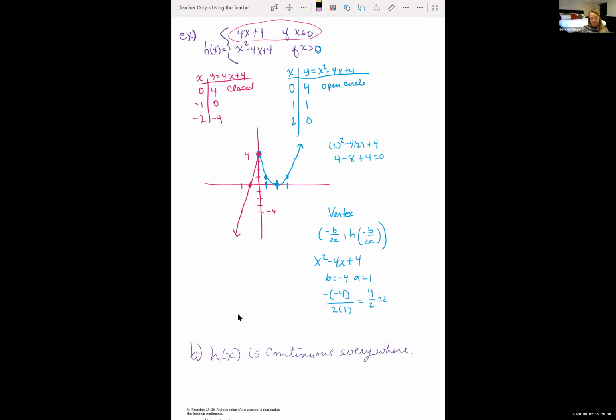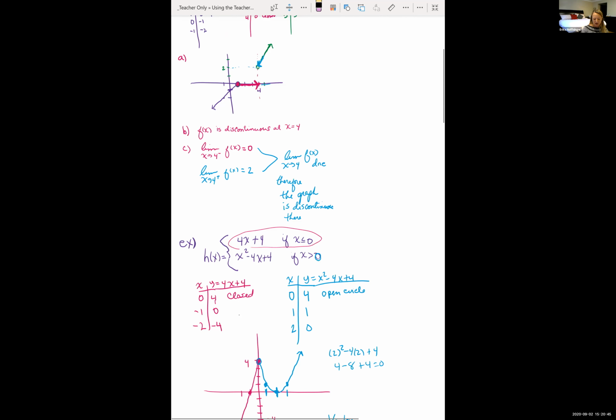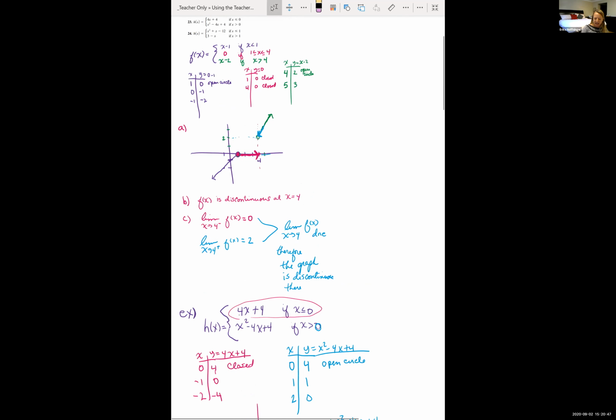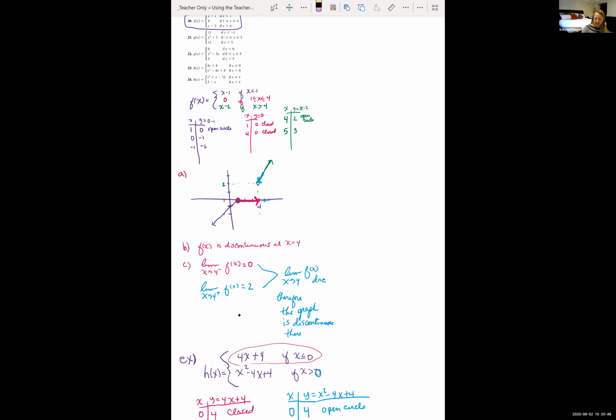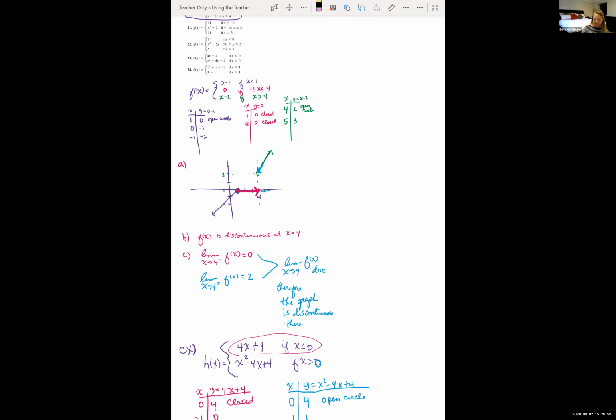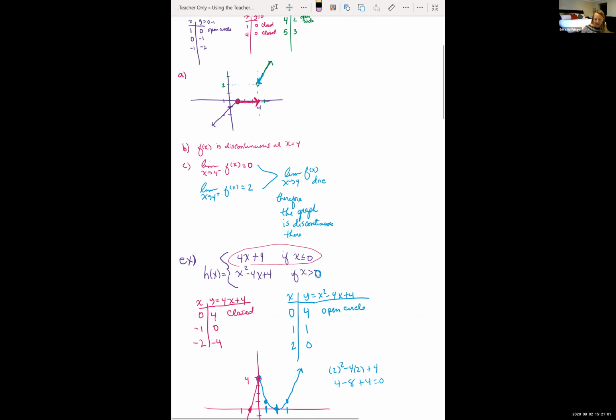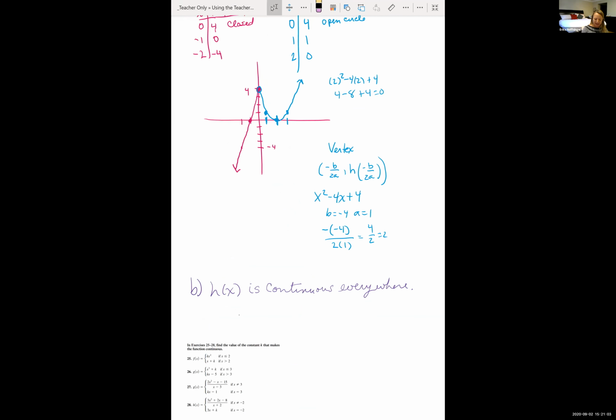Okay, so there are different types of continuity. Over here, notice that this first piece that we did, we had a jump. This is a jump discontinuity, and that is unremovable. We can also have discontinuities that happen because of vertical asymptotes, and we can't remove vertical asymptotes.